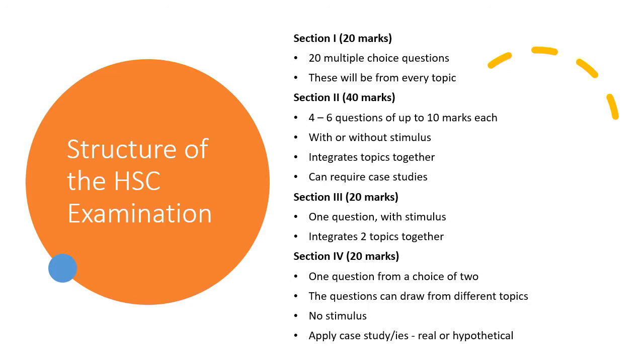So essentially in section 3 and 4, you're going to be tested on all 4 topics, but differently. So with section 4, you may not like one of the questions, which is fine, and then you'll just answer the other one. With this one, this is where you must include your case studies throughout.